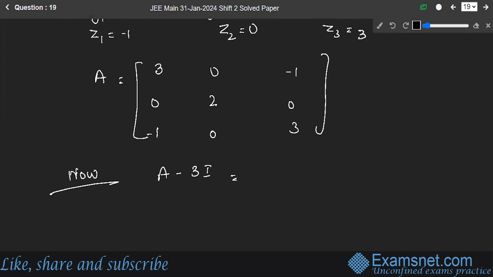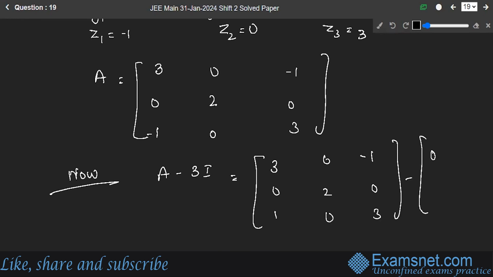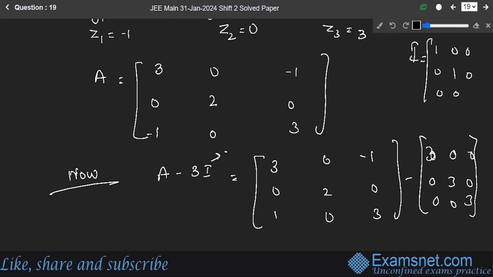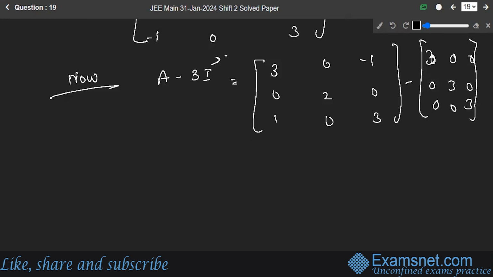This will be given by, so A was this, 3, 0, -1, 0, 2, 0, -1, 0, 3, minus 3, 0, 0, 0, 3, 0, 0, 0, 3. This is 3 into the I matrix, the identity matrix. I hope you know that the identity matrix is this. So 3 into this matrix will give you this.